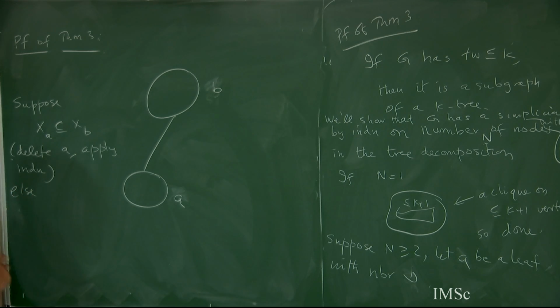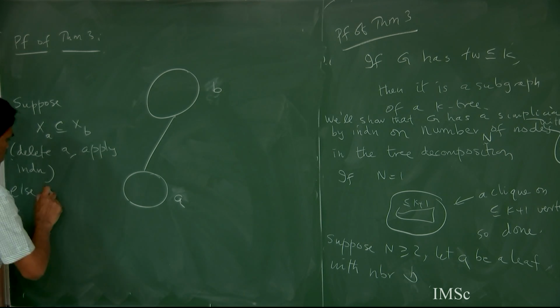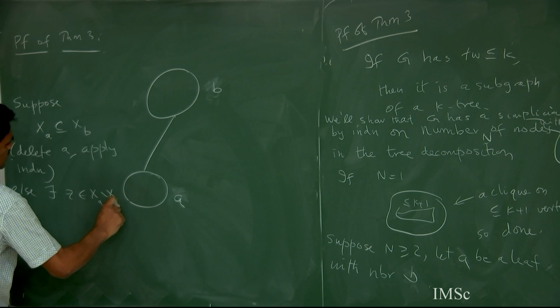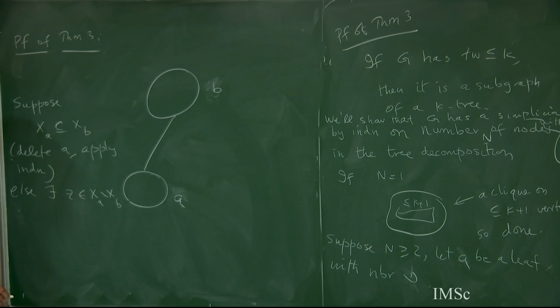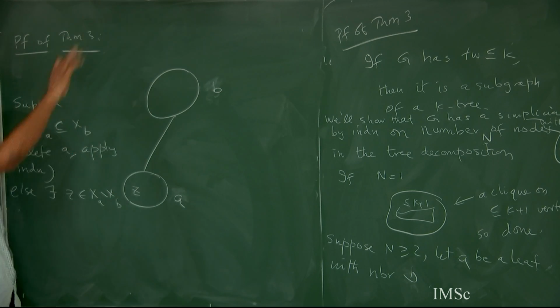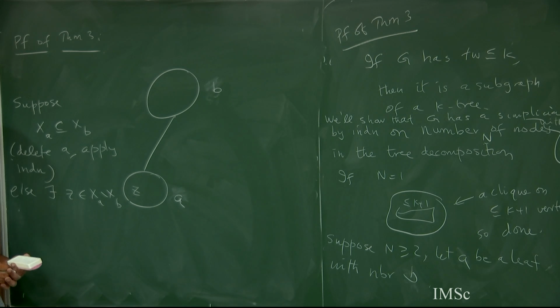Otherwise, what is otherwise? X_A has some vertex which is not in X_B. There exists some z in X_A minus X_B. Can that z be anywhere else?